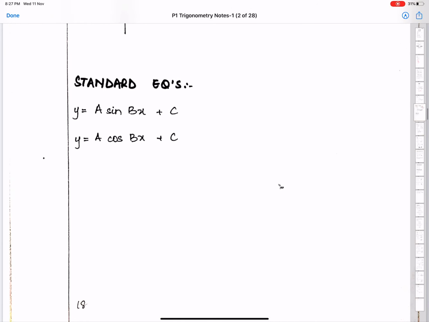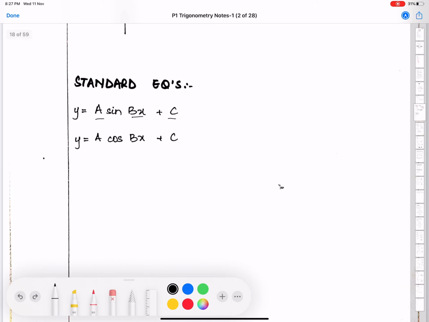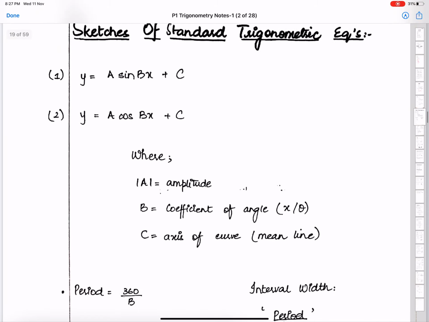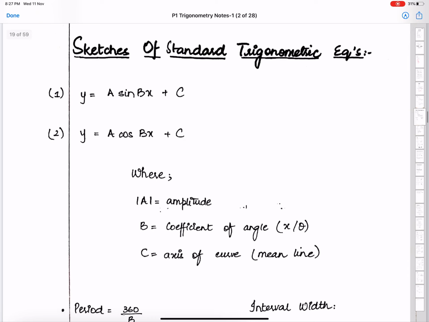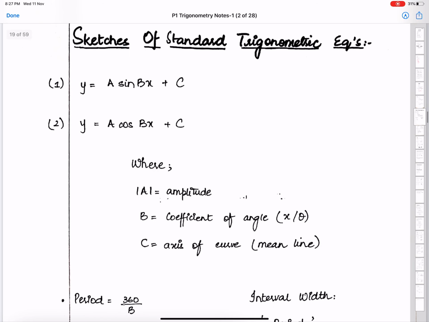Now these are the standard equations: a sine bx plus c and a cos bx plus c, in which a is, okay, I have explained these equations here.